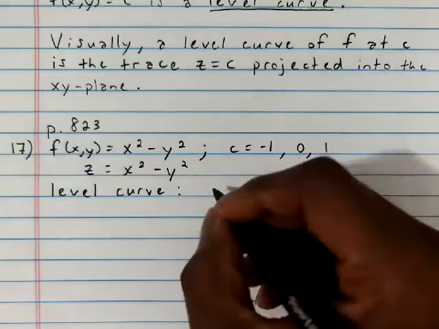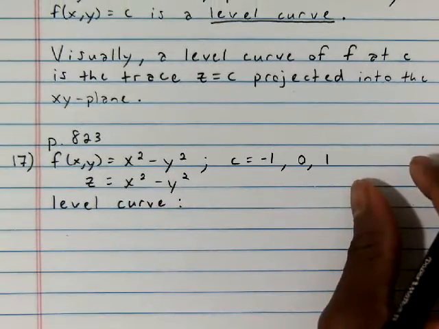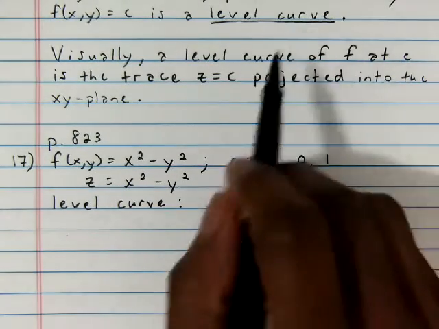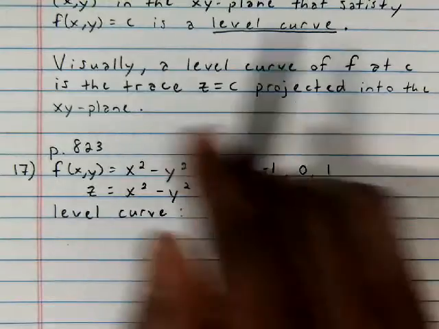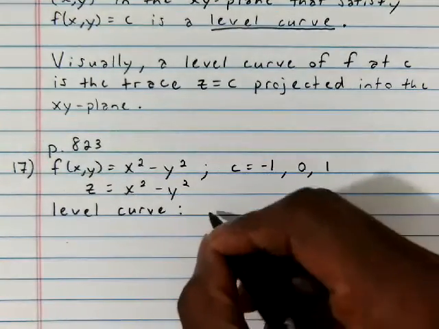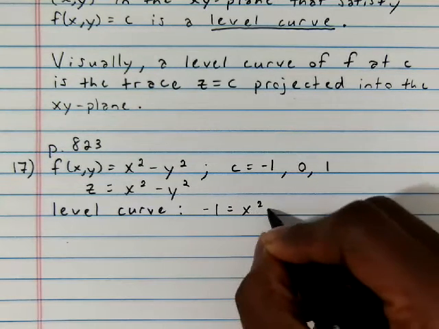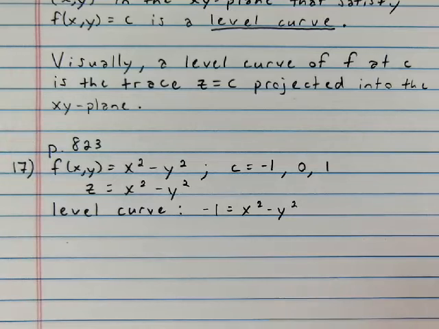Because of the way that we defined it, we'll just say f of xy equals c. So the level curve will be -1 equals x squared minus y squared.